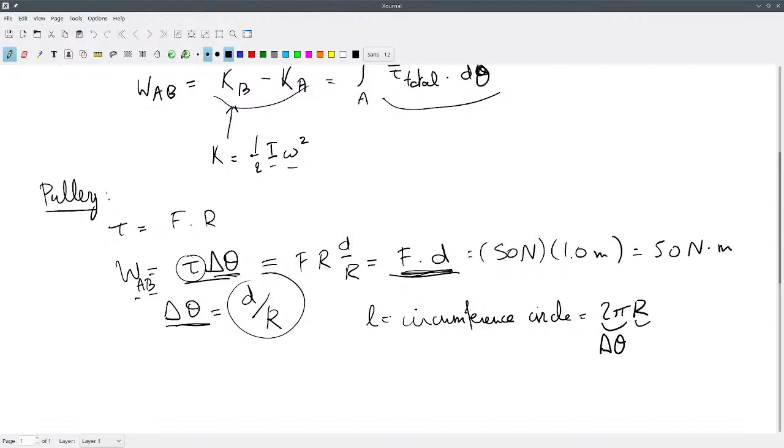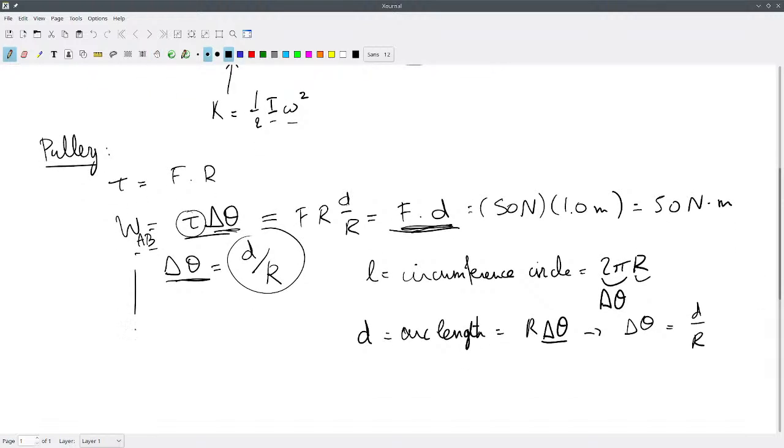And so in general, the arc length is r times delta theta. In this case our arc length is d, so we can get d theta as the arc length d over the radius r. So that's the reason why we get d over r in that case.